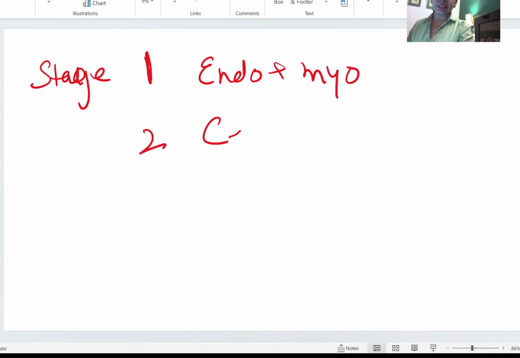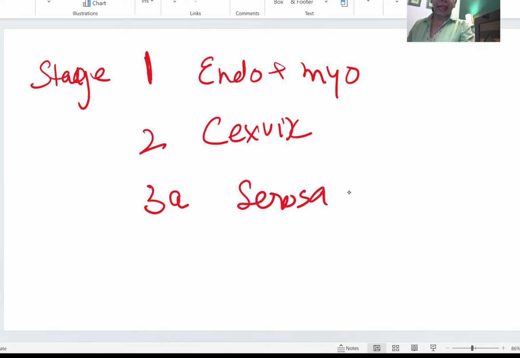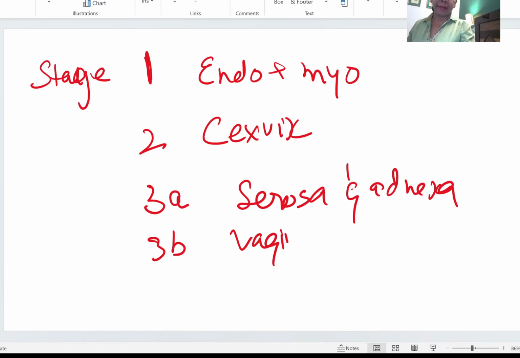Stage 2 is cervix. Stage 3A is serosa and adnexa. Stage 3B is vaginal metastasis. Stage 3C is pelvic and para-aortic lymph node.